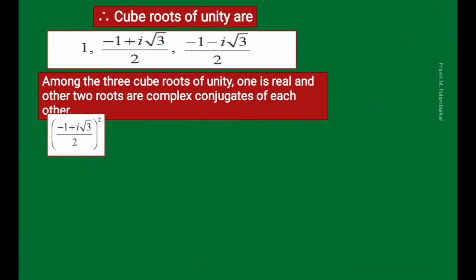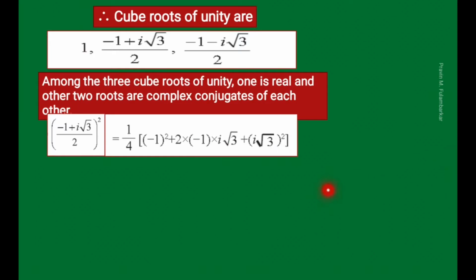Now see, when we make the square of any one cube root of unity, we get the other. So we apply the formula (a plus b) whole square. First we separate the numerator square and denominator square. The denominator square, that is 2 square, we write as 4, so we write 1 by 4. Then we write the numerator in (a plus b) square form.